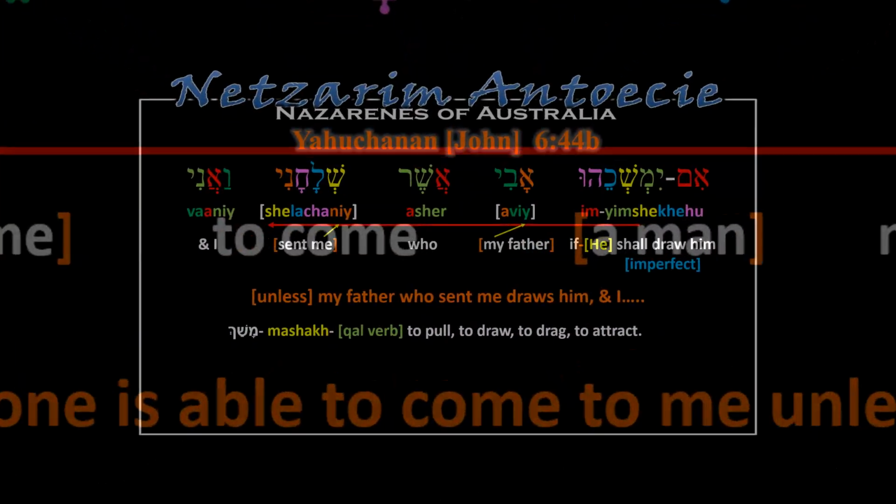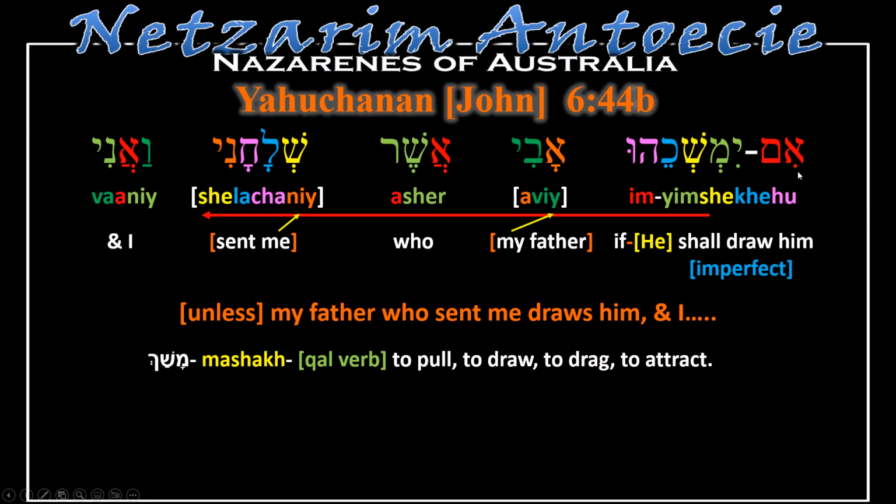And so we turn to 44b, and we have an aleph, a mem, sofit. Yod, mem, shin, kaf, hey, vav, aleph, vayet, yod, aleph, shin, resh, shin, lamed, chet, nun, yod, vav, aleph, nun, yod.